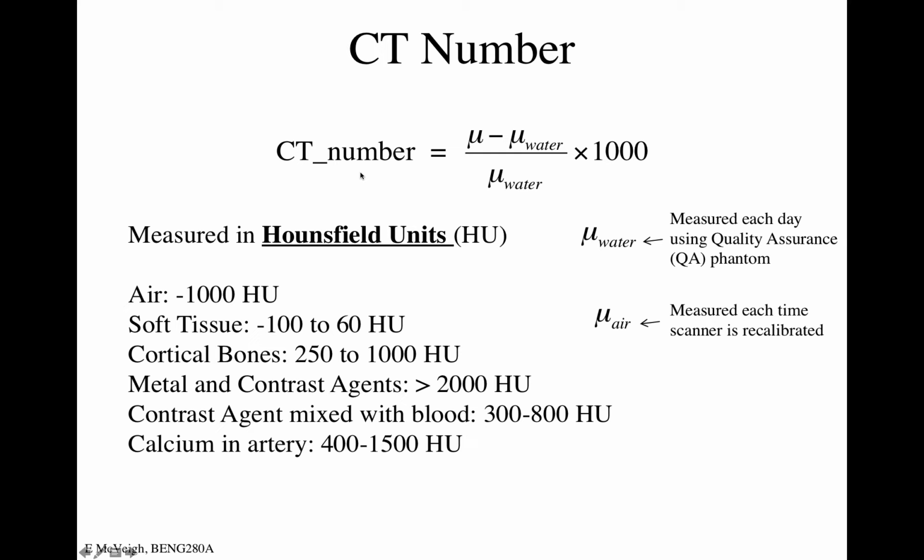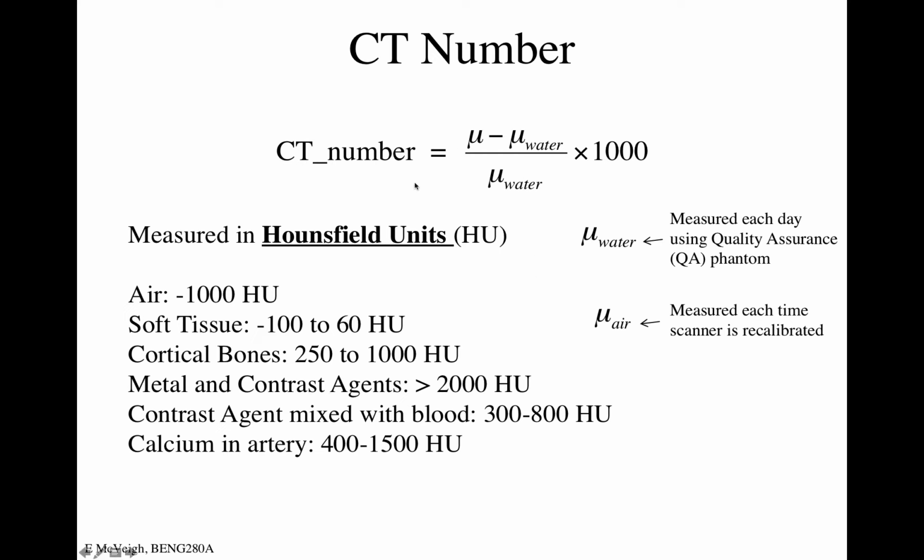And this is historically how those values have been displayed in CT images. Historically, it's probably because they were initially limited to 10 bits or something like that, in the early days. And so this system for displaying values has been around since the beginning.